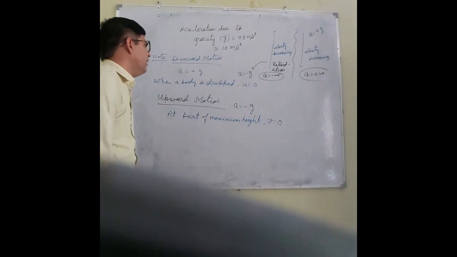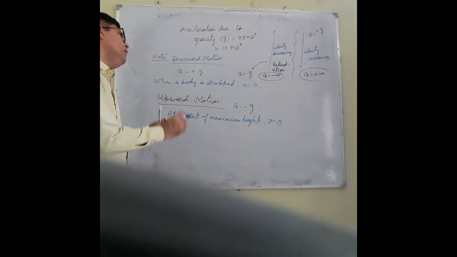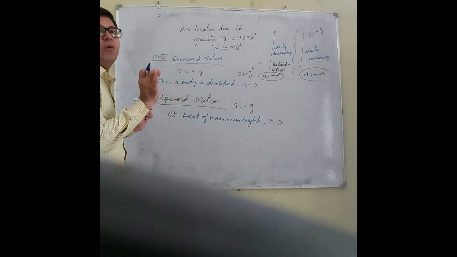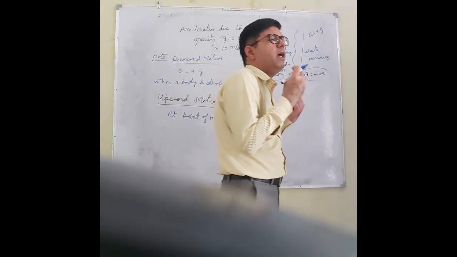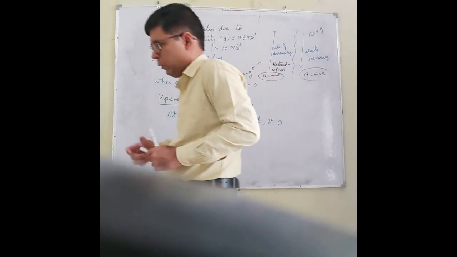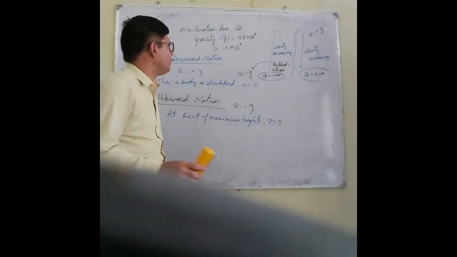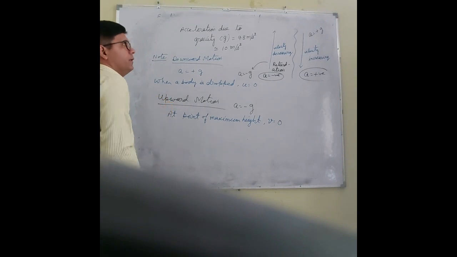V represents final velocity and U represents initial velocity. Keep these points in your mind, then you will be able to solve each and every numerical. So note down, these points are very, very important.